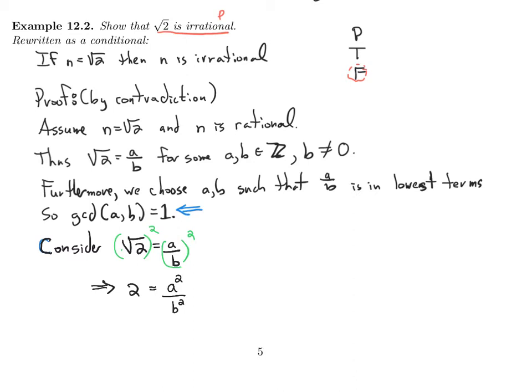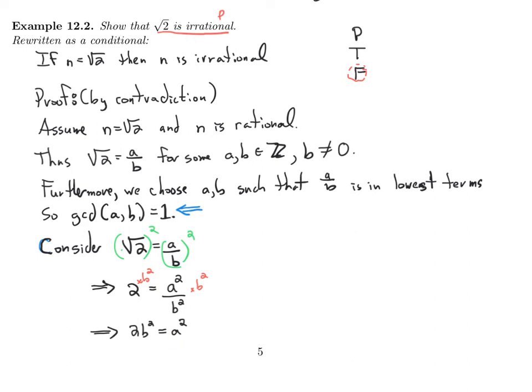Okay. And what do we get here? Let's multiply both sides by b squared. Maybe I'll write this in. Multiplying both sides by b squared. B squared's non-zero. So we get that 2b squared equals a squared. So what did we do?